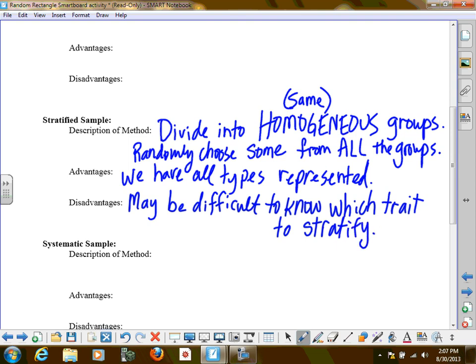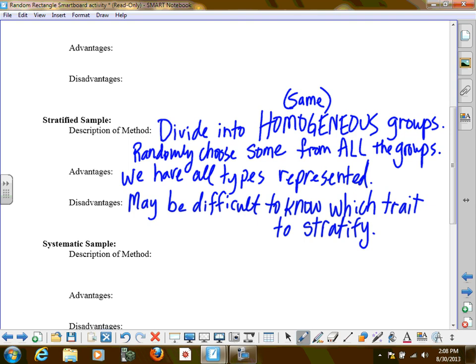For example, I want to know the favorite color of Aledo High School, or the proportion of favorite colors, whatever. So I'm going to divide you into 9th grade, 10th grade, 11th grade, 12th grade. I'm going to randomly pick 15 of each grade. Okay, and so there you go. But what if, because this could happen just by pure randomness, I happen to get 15 girls from the 9th grade?